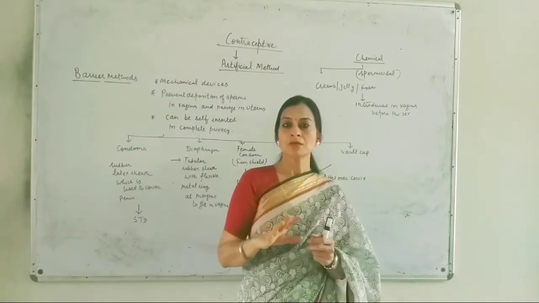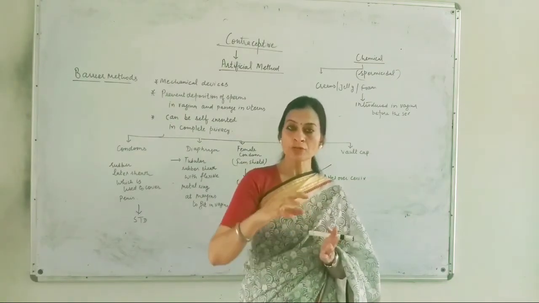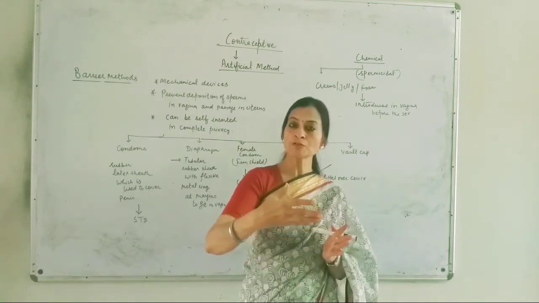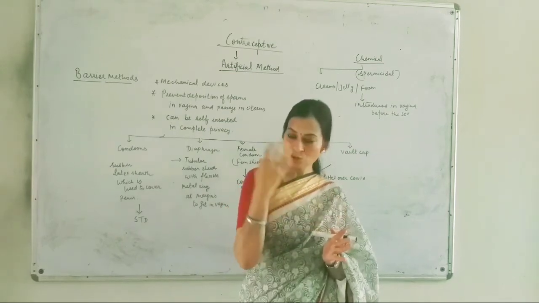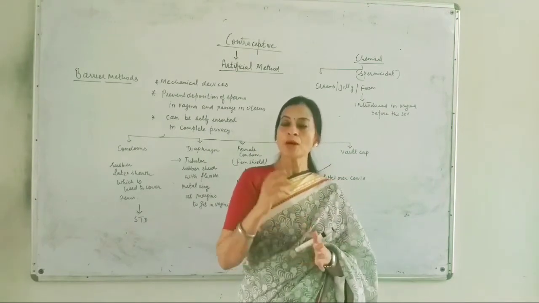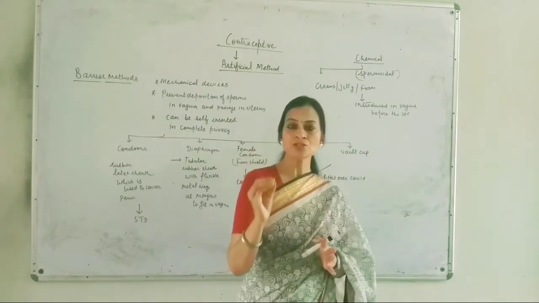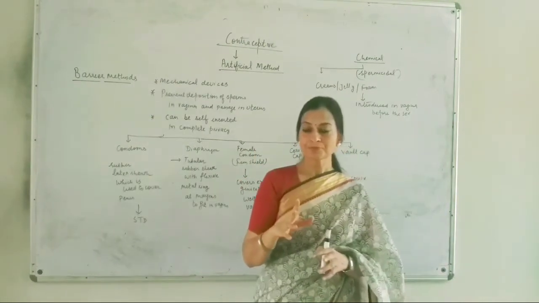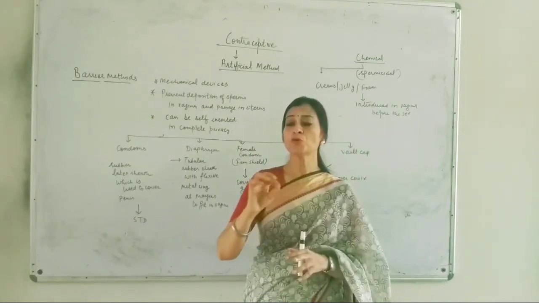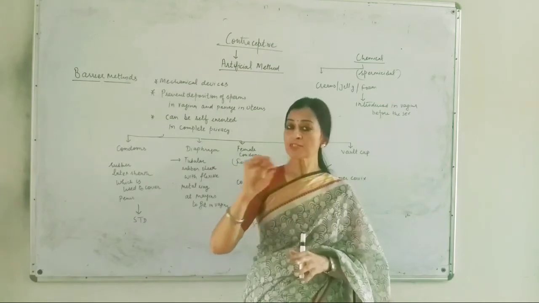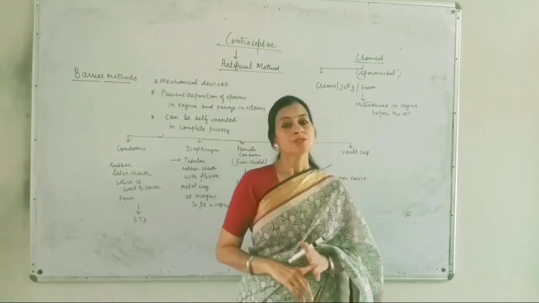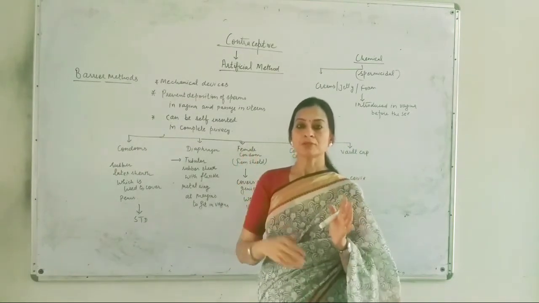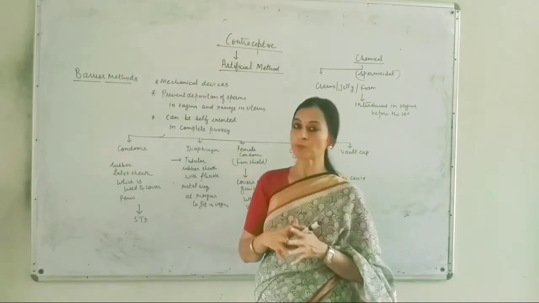These are the main functions of our reproductive system: the vagina acts as a passage for entry of sperms, the uterus helps in implantation of the embryo, and the fallopian tubes are the sites where fertilization takes place. So if a female doesn't want to conceive, she or the couple should keep in mind all these aspects of the reproductive system.